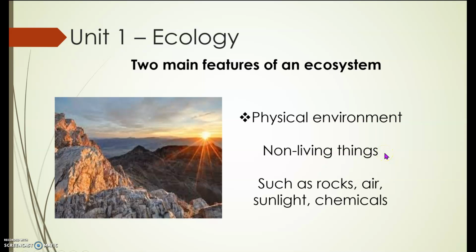When you say non-living things, it has no life, such as rocks, air, sunlight, and chemicals. So these things have no life. That's why they belong to the physical environment. Next one.